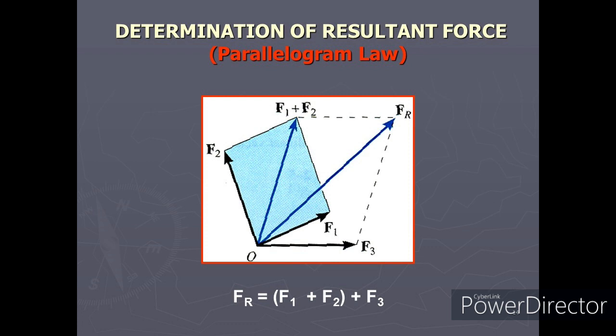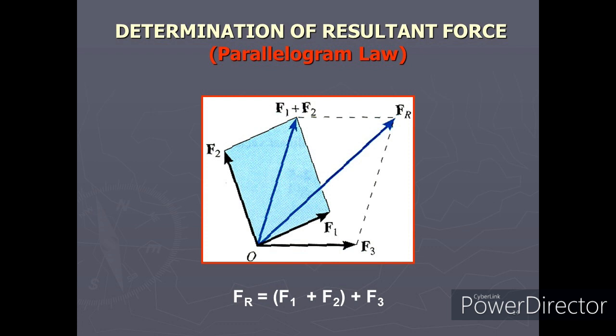When these forces are represented in magnitude and direction, or they are given in vector form, here you have a system of forces, because you have more than two forces, F1, F2, and F3, and we want to find the resultant. What do you do? You take any two, it can be F3 and F2.